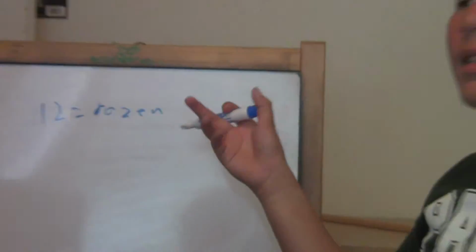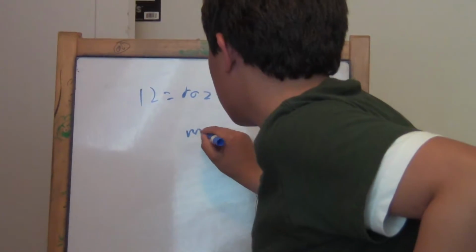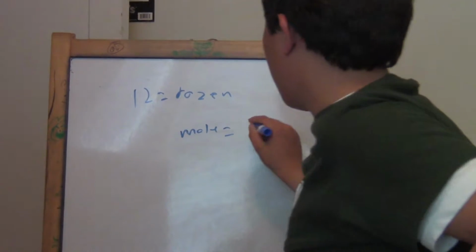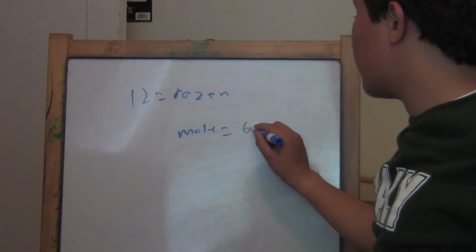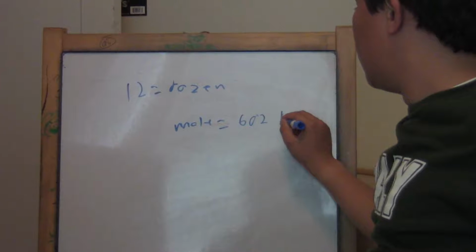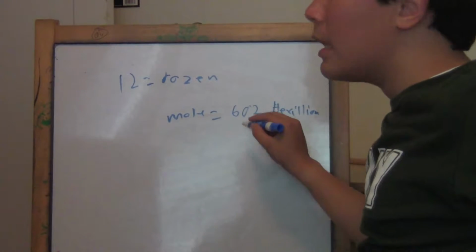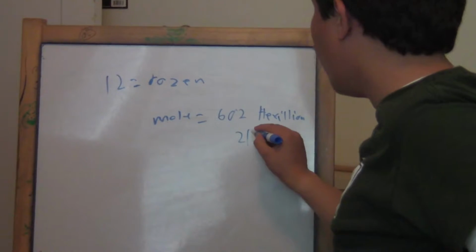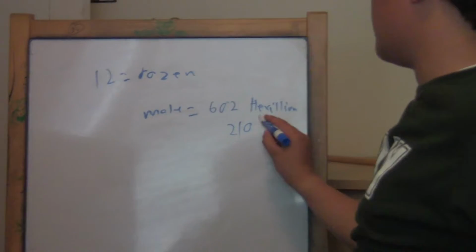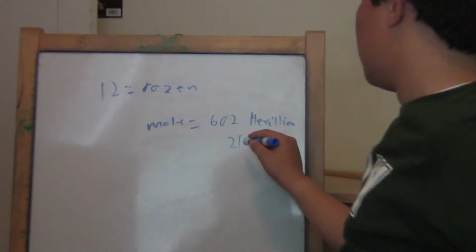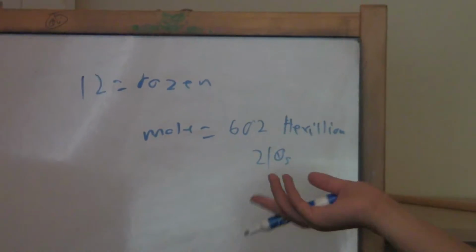Well, just think about a mole as 602 hexillion. Which by the way has 21 zeros trailing behind it.